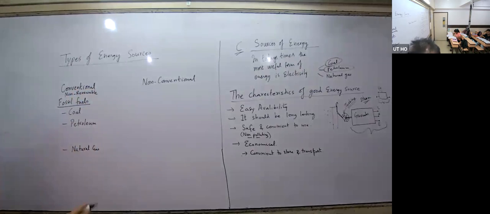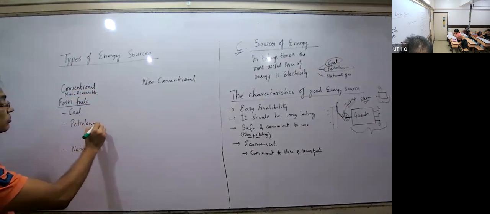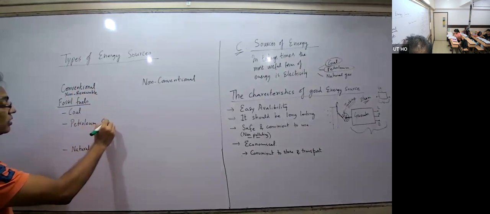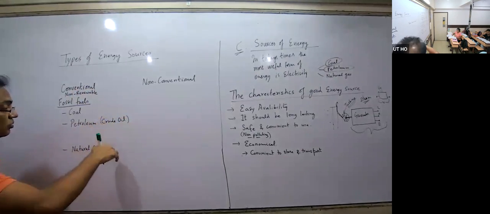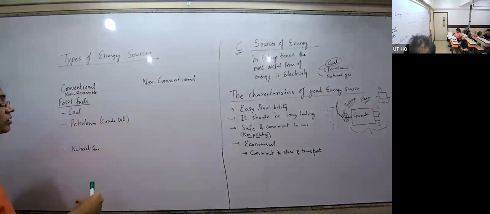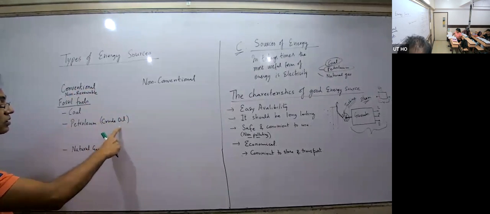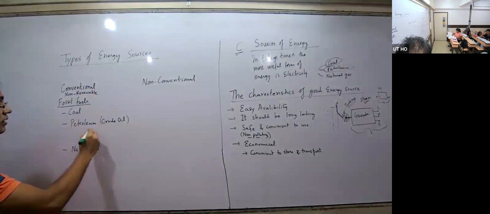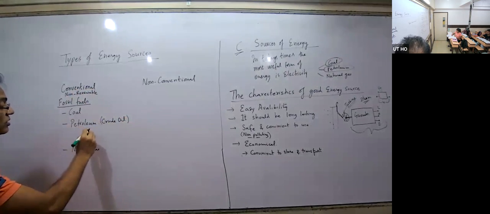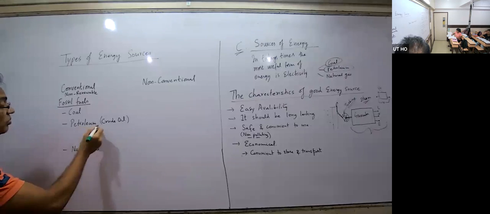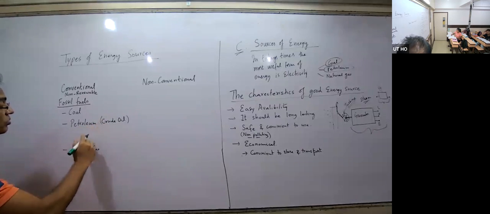Okay. So what is petroleum? Petroleum is basically crude oil, right? So the crude oil is basically sucked out from the earth's crust, right? And then it is processed through what is called fractional distillation. So multiple products we get when we refine this crude oil.